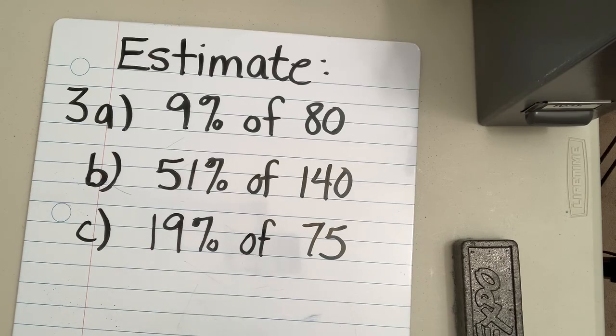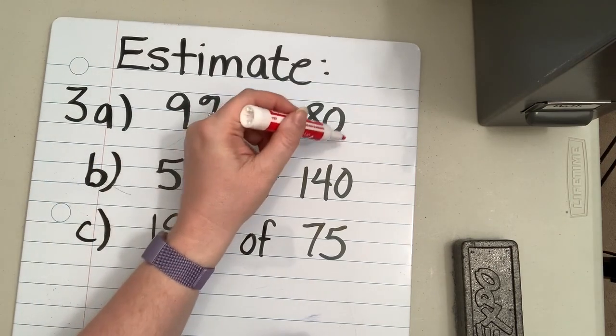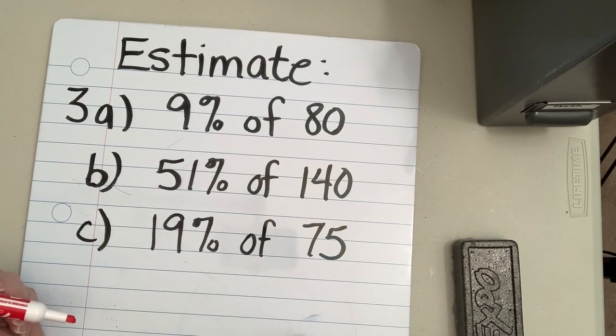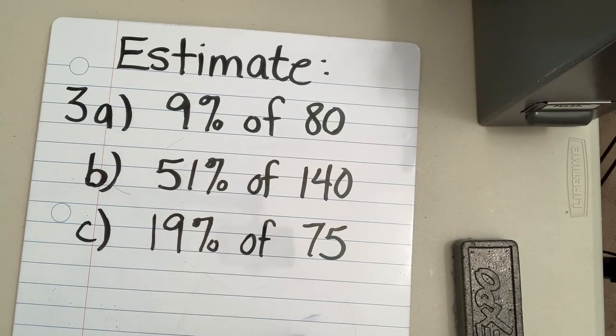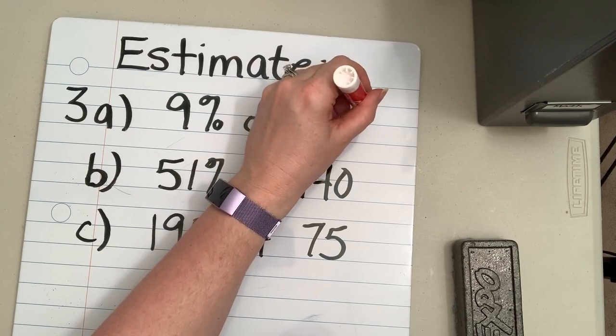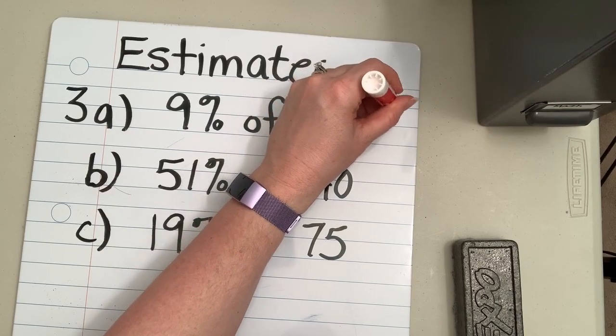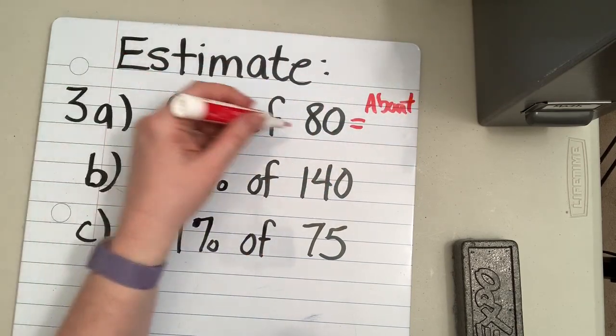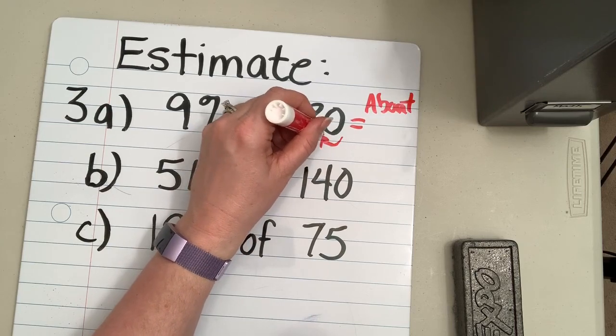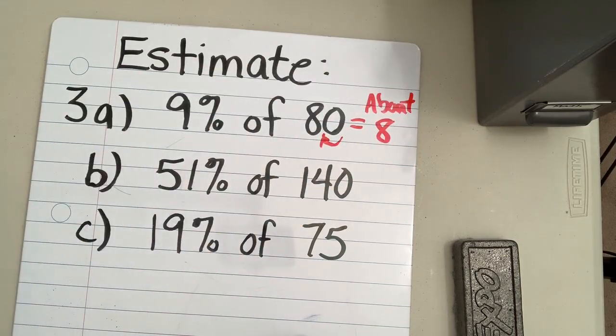If I asked you what's 10% of 80, you could figure that out by doing 80 divided by 10, and you would get 8. 10% of 80. But what if the question says what's 9% of 80? Well, 9% and 10% are not that far off. So you could say about 8.